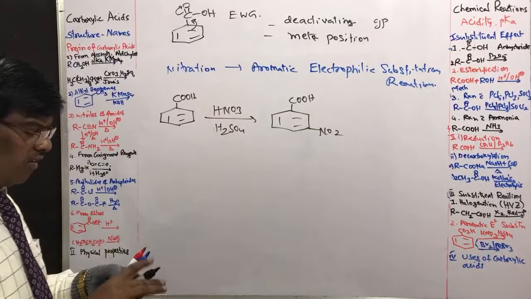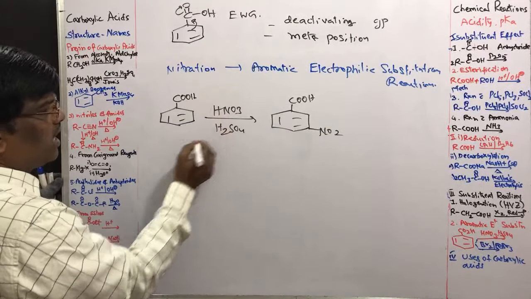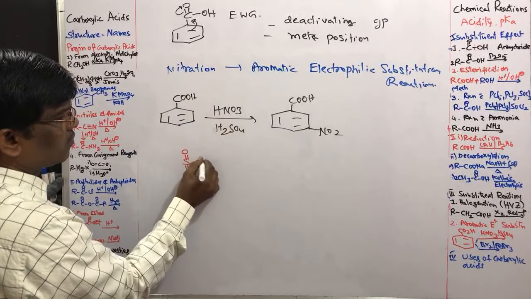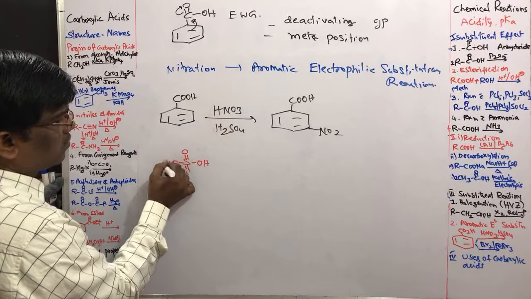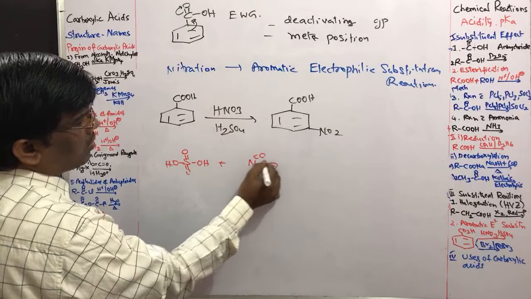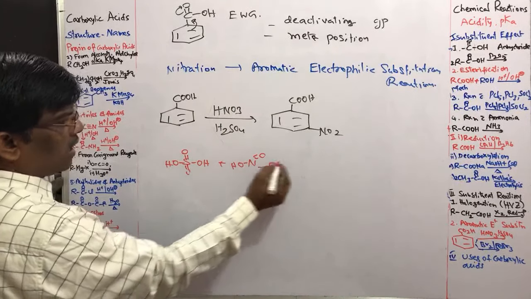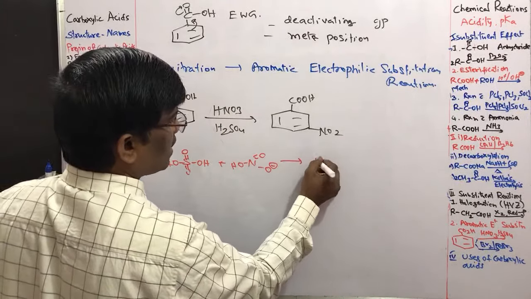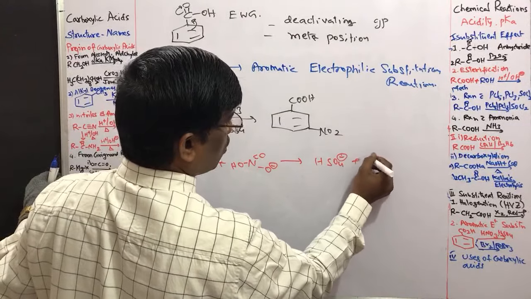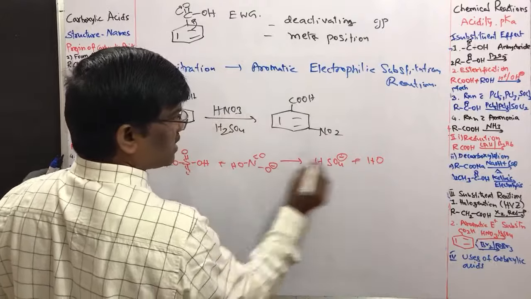What are the steps involved? As usual, HNO3 and H2SO4. H2SO4 plus HNO3 is going to form HSO4 minus plus H2O plus NO2. It is going to give H plus ions.